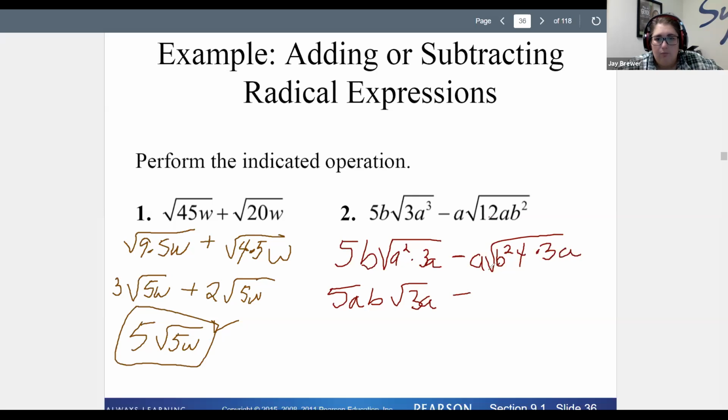Minus, and then we're going to pull a 2b out, 2ab with 3a left inside. Okay, so in the radicand, does everything match up? It does. So we can just go ahead and subtract the outside numbers. So 3ab square root of 3a.